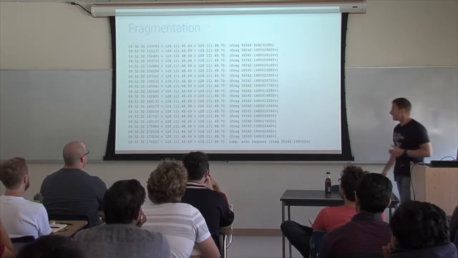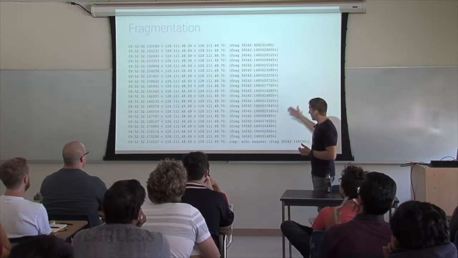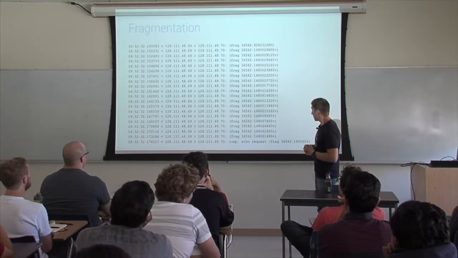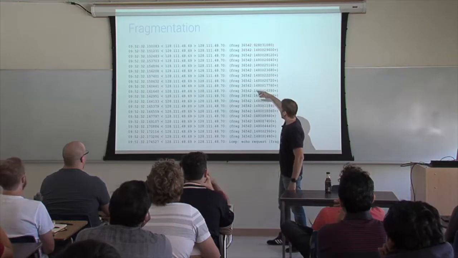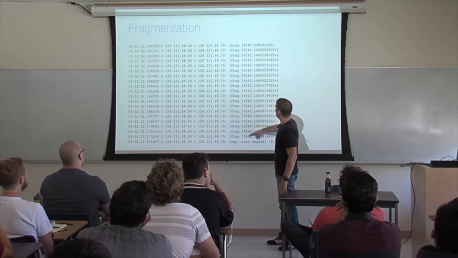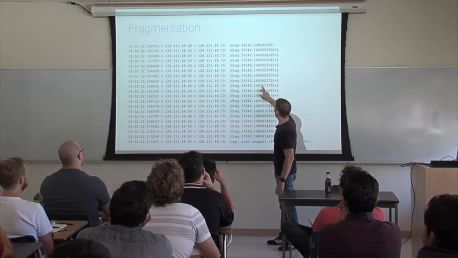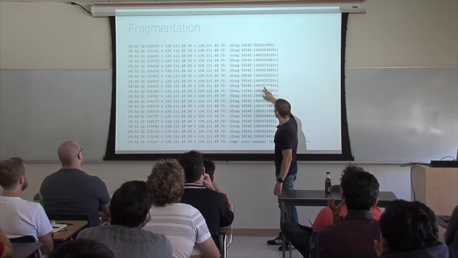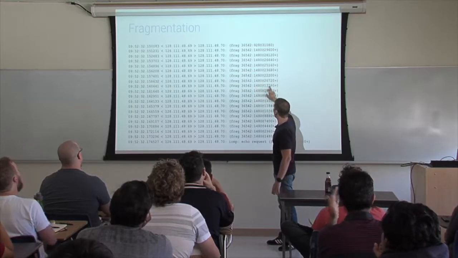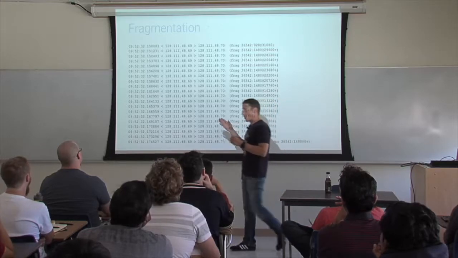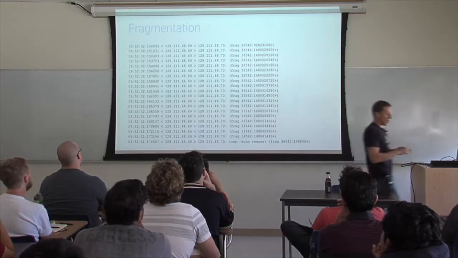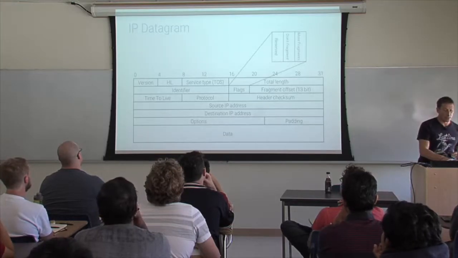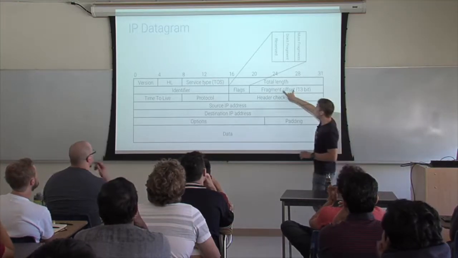This is a tcpdump trace of a fragmented packet, and you can see that this is the ID, and this tells you the original size, and this is the amount of traffic, and this is the offset at which the fragment should go. And this offset, sorry, I forgot to highlight it, but here is the fragment offset.